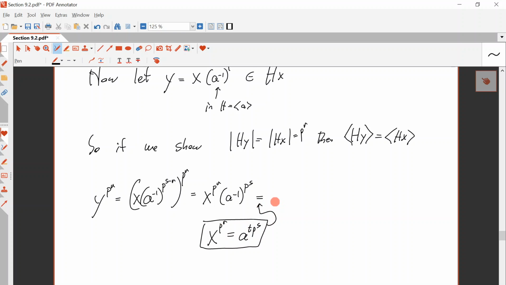Right, so this is a to the t p to the s times a inverse p to the s. So that's equal to a to the tp to the s, a to the minus p to the s. So now you add these two guys, right?